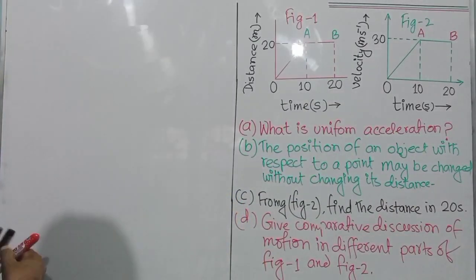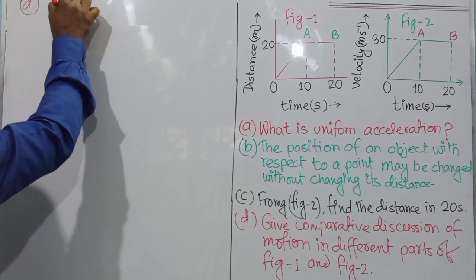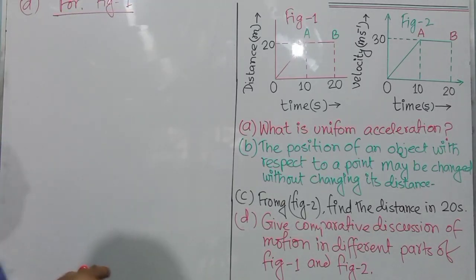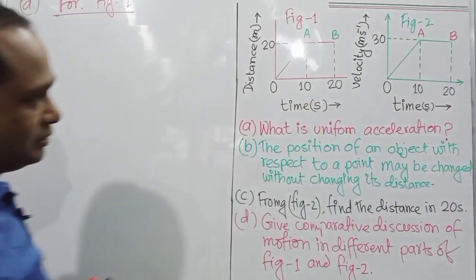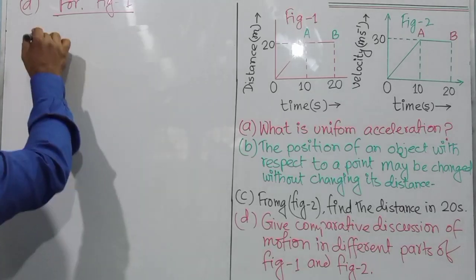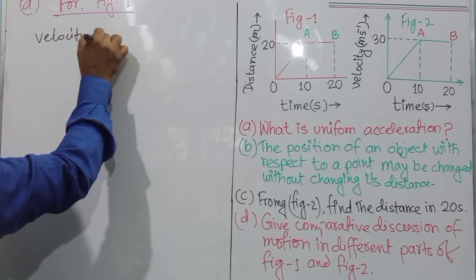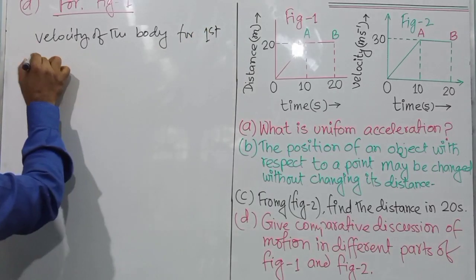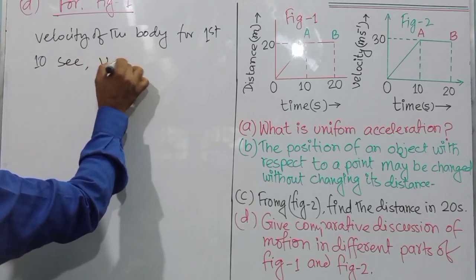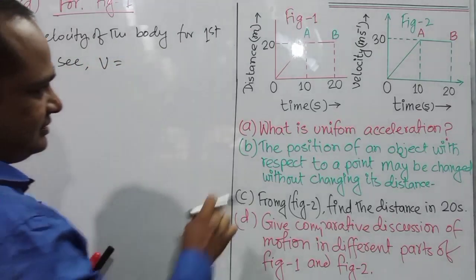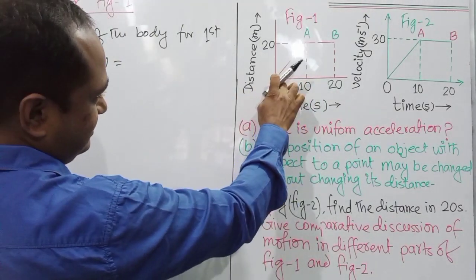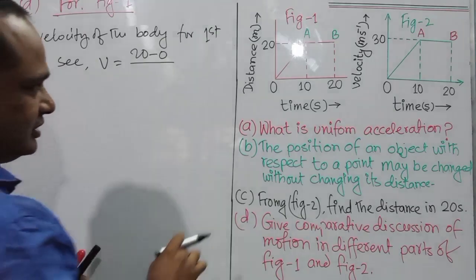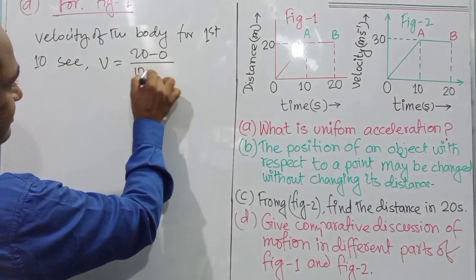For figure 1, from this portion we will be able to calculate the velocity of the body. The velocity of the body for the first 10 seconds: V is equal to the change of distance, which increases from 0 to 20, so 20 minus 0, divided by the required time, 0 to 10, that is 10 minus 0.